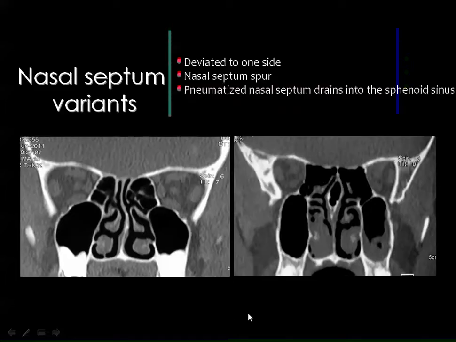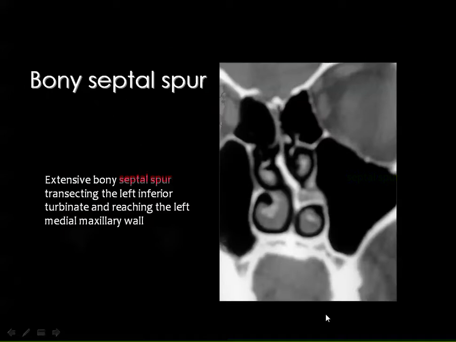Then some of the normal variants, first concerning the nasal septum, which is a very common situation: deviation of the bony nasal septum to one side or the other, pneumatization of the posterior part of the bony nasal septum, and you see here air within the nasal septum, and this is known as bony spur of the nasal septum.